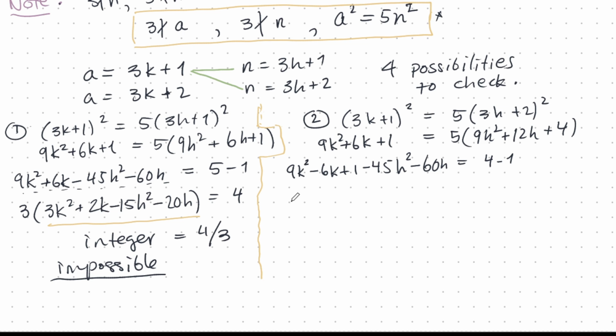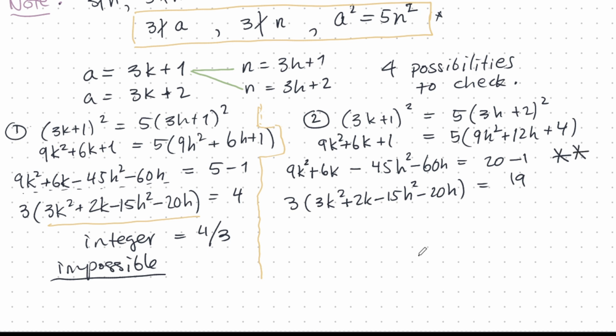Now I can factor out a 3. And I fixed some silly algebra mistakes that I made here. Okay, so now it's okay. I get 19. And this is an integer. And integer equals 19 over 3, which is impossible. Very interesting. Okay, great. So that case is impossible.